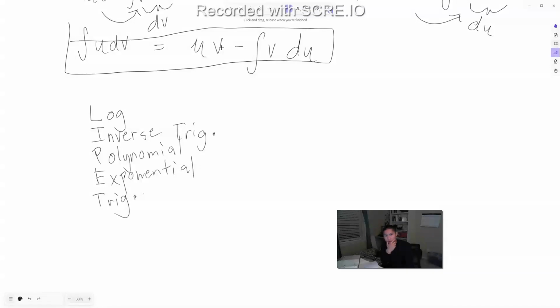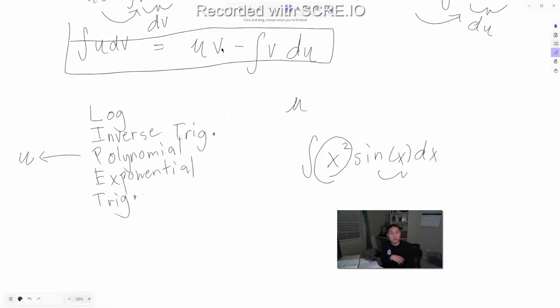So how are we going to use this? We're going to choose u based on this ranking right here. U will be the function that first shows up in this ranking. So, for example, if you're given the integral of x squared sine x dx, u will be x squared since x squared is higher in the ranking than sine x.